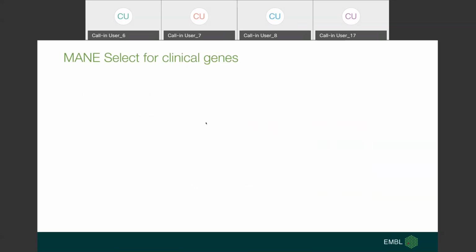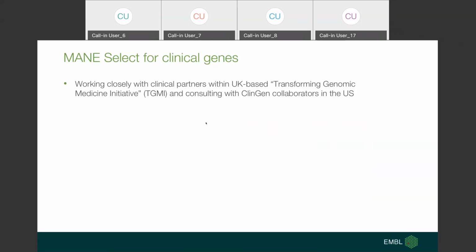Now, one big focus of our effort is thinking about the clinical community. We know that, as I said, it would be great for the Select to be used as a default for clinical reporting and for browsers and so forth. So where are we in terms of the clinical genes? What are we doing about the clinical genes? Well, we are working very closely with our clinical partners within the UK-based Transforming Genomic Medicine Initiative.